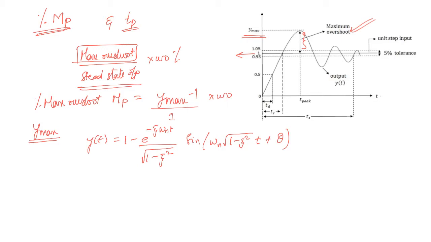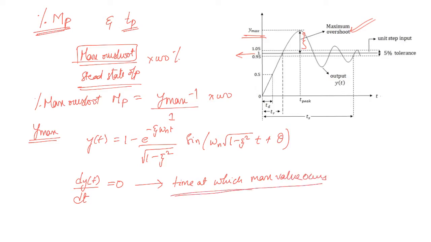Now from here, how do we find the maximum value? We just have to differentiate the output and equate it to 0. Then we will get the time at which the maximum value will occur. Okay, so that time at which the maximum value will occur is called the peak time TP.